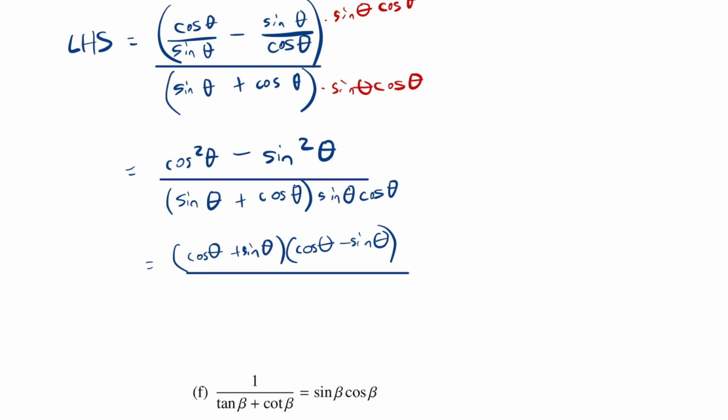So you just have to have a little foresight. You have to keep your eyes one step ahead to see what sort of technique might make the most sense. In this case, cancel, cancel, and then we are close to being done.